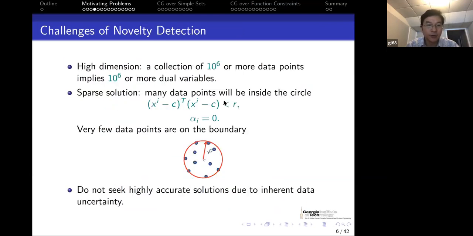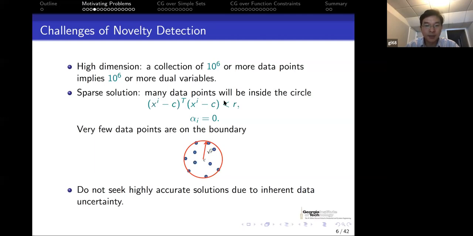First of all, the problem is of high dimension. If you have a collection of 10^6 or more data points, then you will have 10^6 or more dual variables. Secondly, the solution for the dual problem is very sparse. Many data points will be inside the ball. Only very few data points will be on the boundary of the ball.